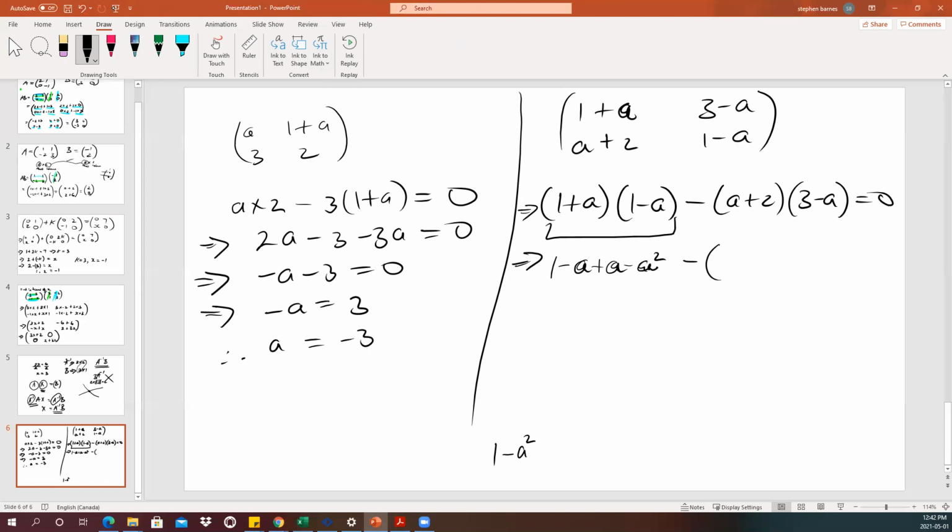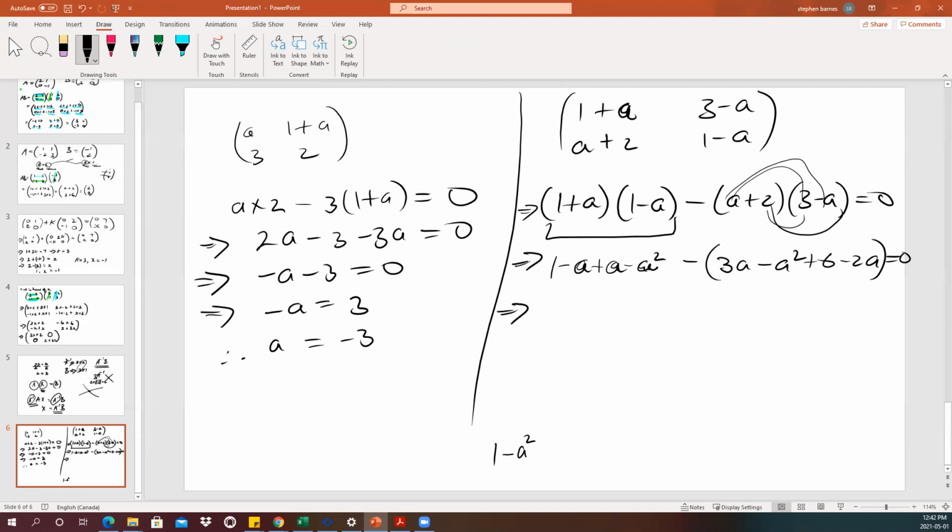So a times 3 is 3a. A times minus a is minus a squared. 2 times 3 is 6. 2 times minus a is minus 2a. All this equals 0.